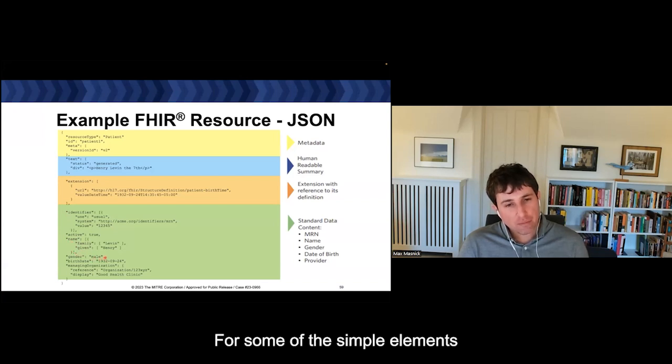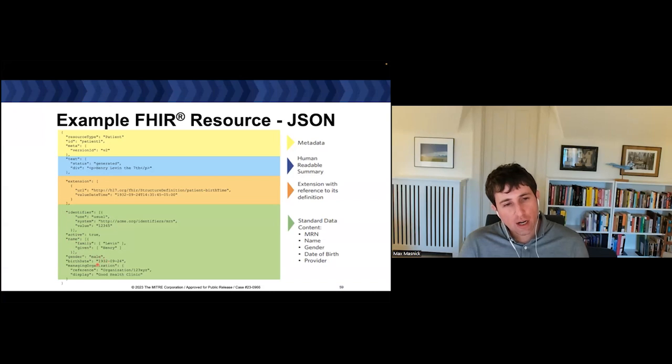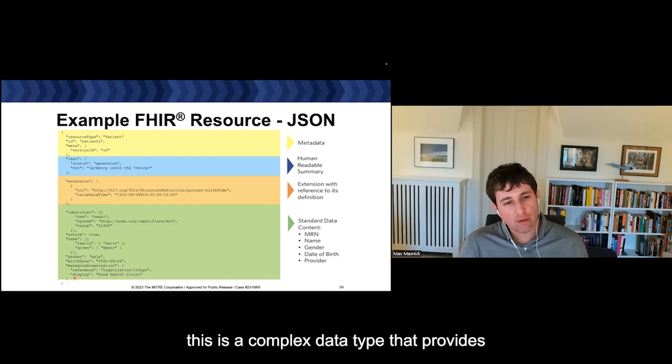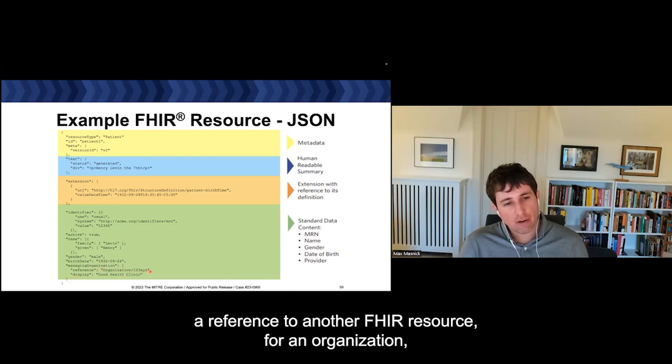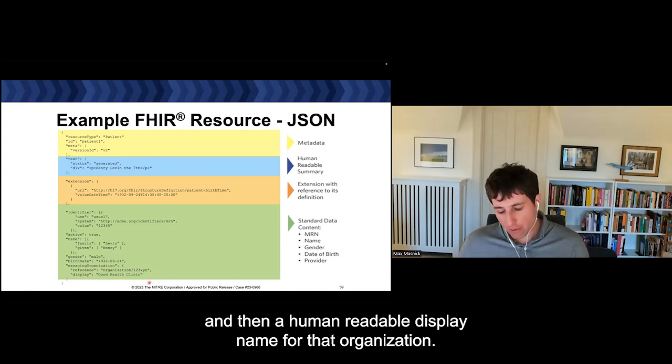For some of the simple element types, we have just a string here for the gender. We have a date for the date of birth, and we have managing organization here, which again is a complex data type that provides a reference to another FHIR resource for an organization, and then a human readable display name for that organization.